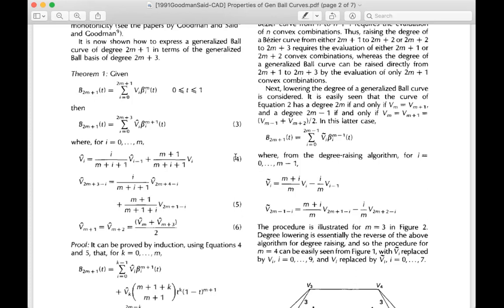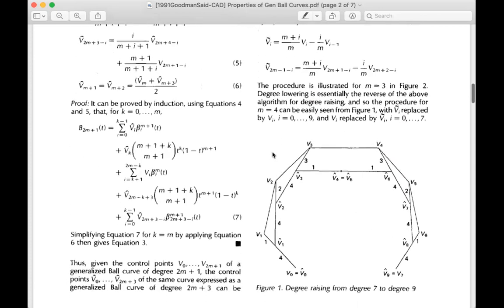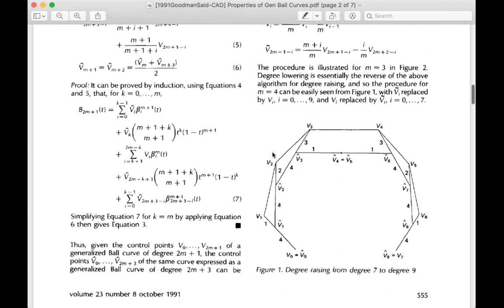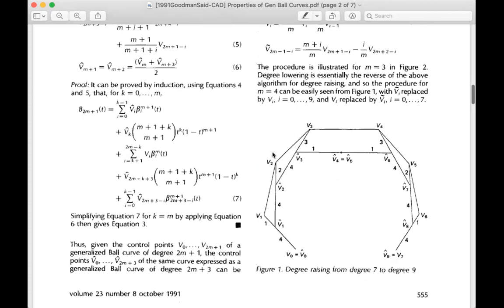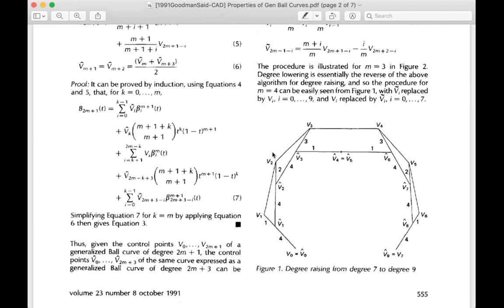Okay, this one is the formula. This is the visualization of the degree elevation from degree 7 to 9.